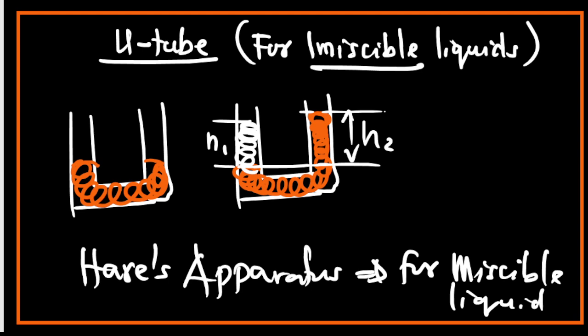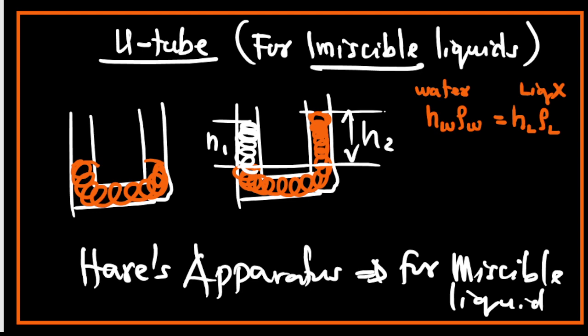Say we have water versus liquid X. So we can say H water times rho water, that's the height of water versus the density of water, should be equal to the height of liquid X, let me use L, times the density of the liquid, rho L.